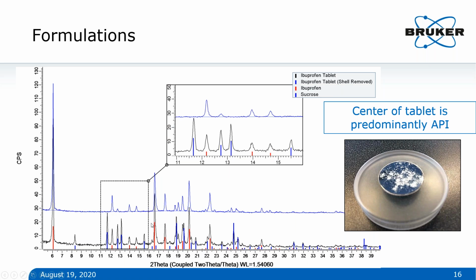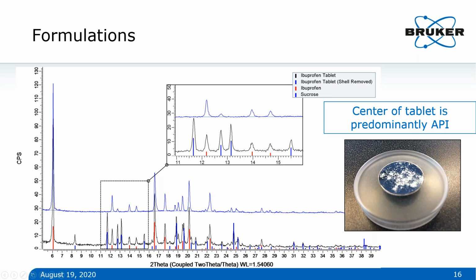Ibuprofen, all the sugar peaks are gone. You see there's actually a little bit of an ibuprofen peak hiding out underneath that sugar. So once you physically remove it, or you could chemically remove it or wash it away, you can get a nice clean pattern of just the inside. So by doing very intelligent experiment design and a couple rounds of X-ray diffraction, what we know here is that ibuprofen is all on the inside and the sucrose is all in the shell.